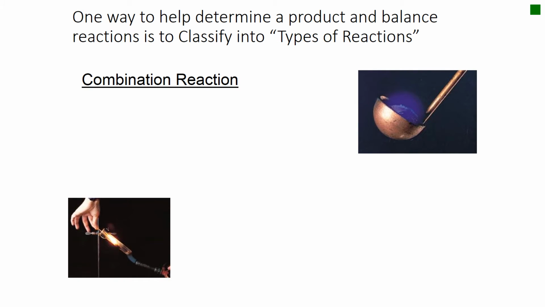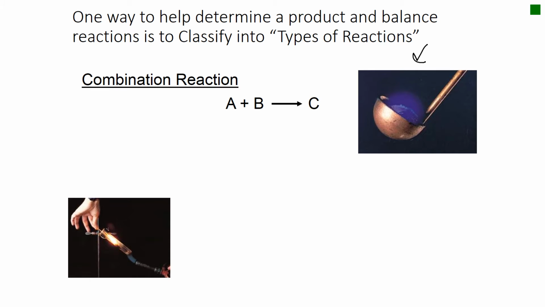So one of the ways to help determine a product and balance reactions is to classify. So I'm going to give you a few examples of classification of reactions. A combination reaction would be, this is how acid rain gets started. I have sulfur and that little spoon up here, and I'm in the hood, of course, and I burn it in the presence of oxygen.